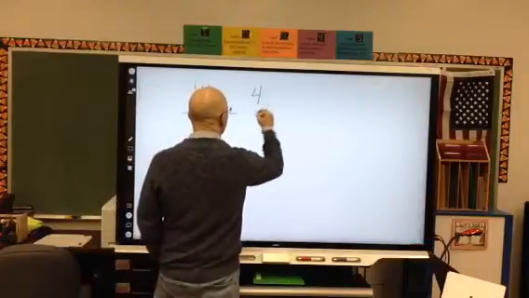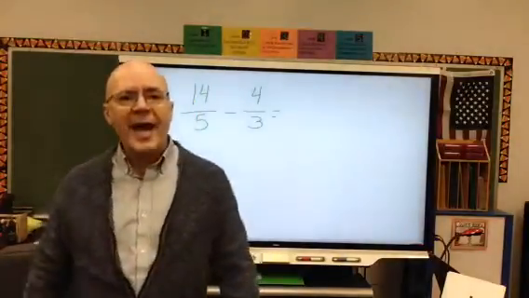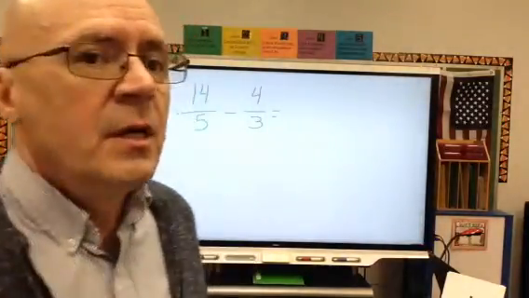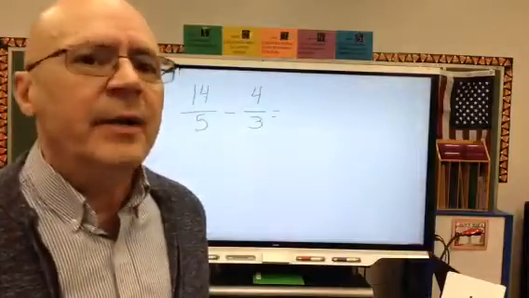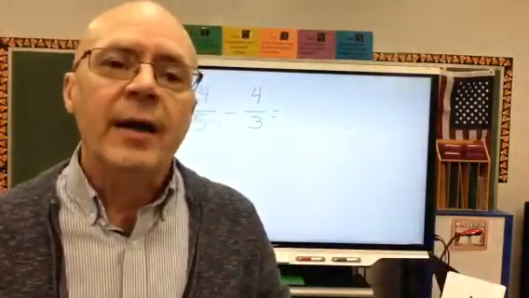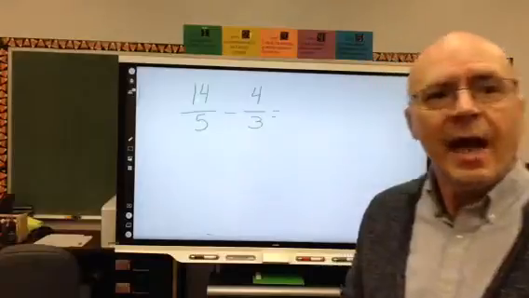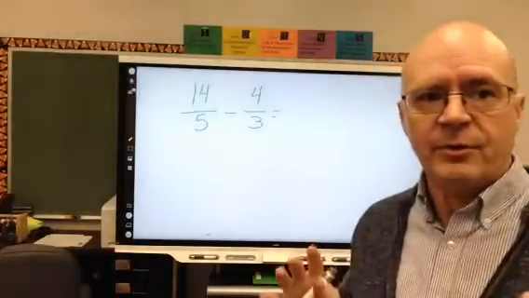Now, remember when we add and subtract fractions, we need a common denominator because whatever that denominator is, that's what it's going to be in your final answer. So we've got to get the denominator, or the bottom numbers, to be the same. And we do that using factors, right?